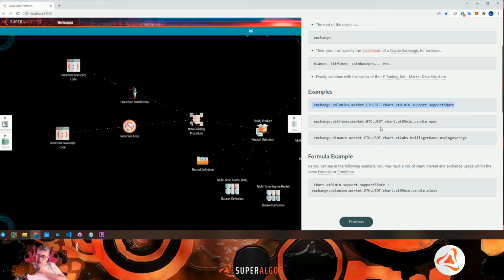So in an ideal situation, we should have the mine object that would be used like mine master, then exchange, Poloniex, whatever, or maybe somewhere before the indicator, at 01 minute from mine masters, then support rate.